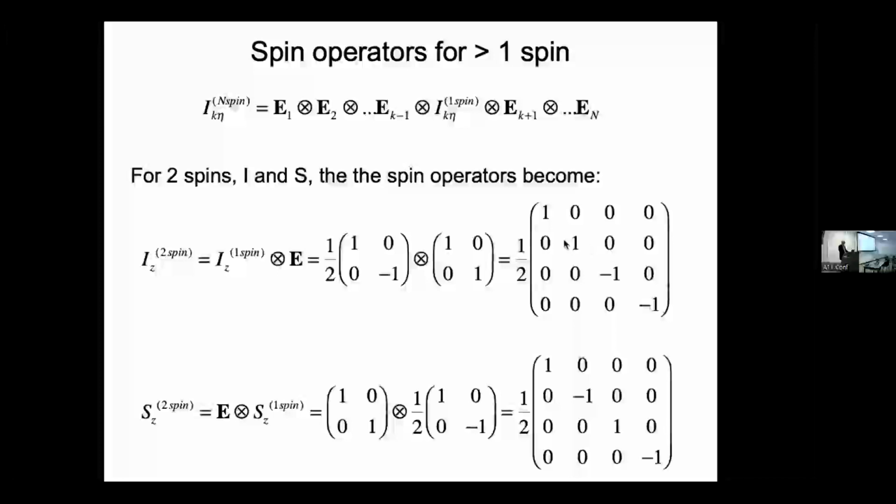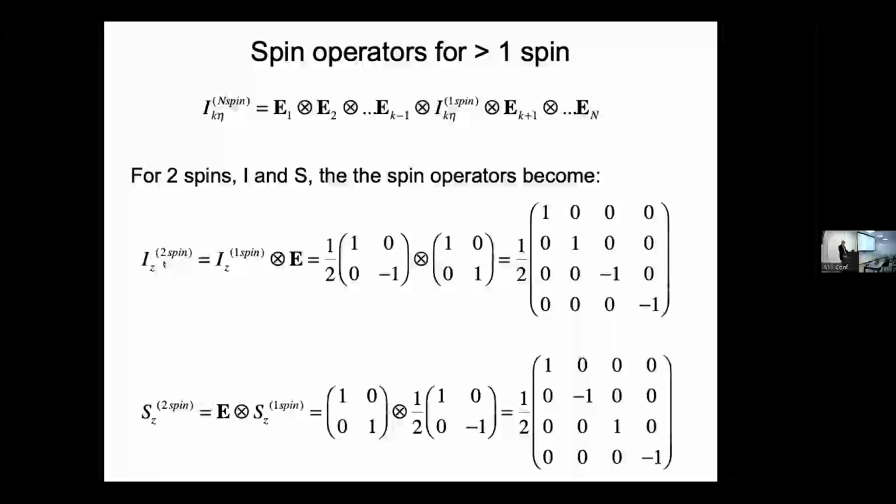Well, imagine over here that I had a column vector, one of my 4x1 column vectors, and I'm going to multiply them. So this clearly picks out the first position in the column vector, but that's the alpha alpha state. This picks out the second position, which is the alpha beta state. And then I have a subtraction of the beta alpha state and a subtraction of the beta beta state.